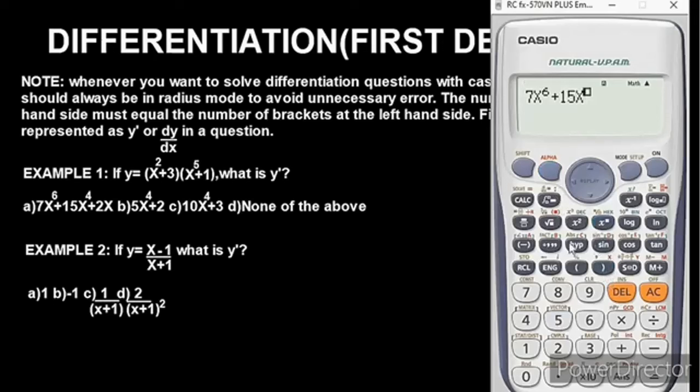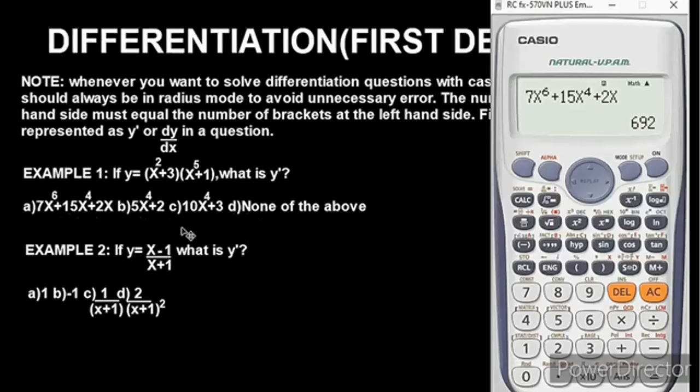Use this power function, you come down, plus 2x. So we have alpha x. Once you have done this, you press equal to. So we have 692. So this is the same value we got after differentiating. So this option A is definitely the answer.